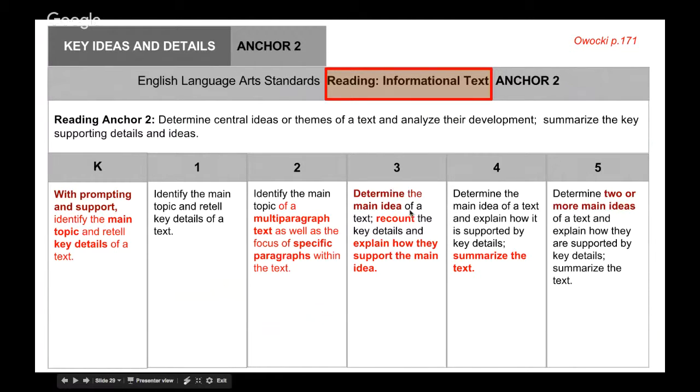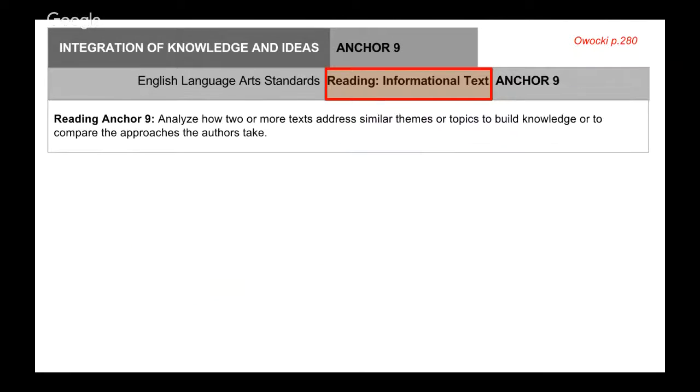Third grade, you're determining the main idea, retelling in sequence the details and how they support the main idea. Fourth grade adds on summarizing, and fifth grade eventually goes to 2 or more main ideas.